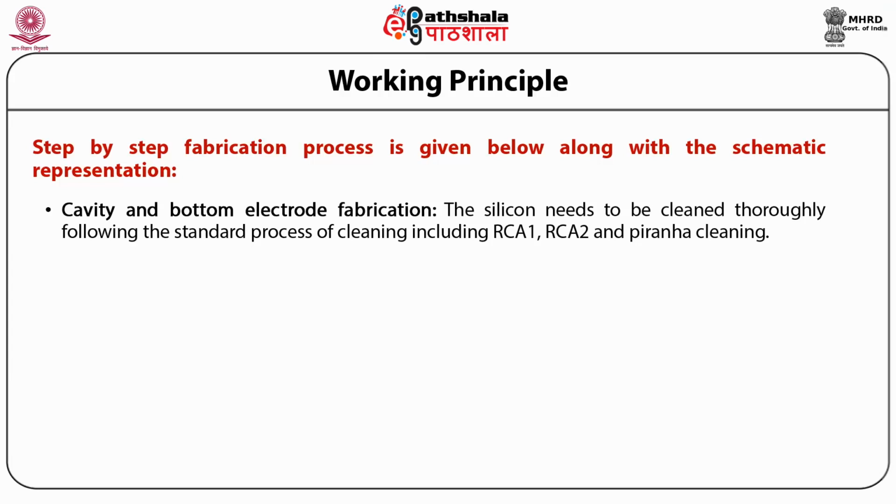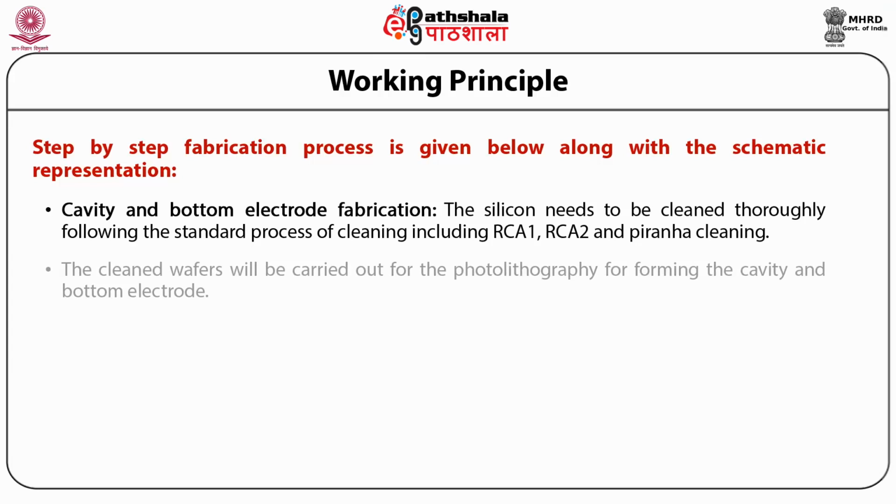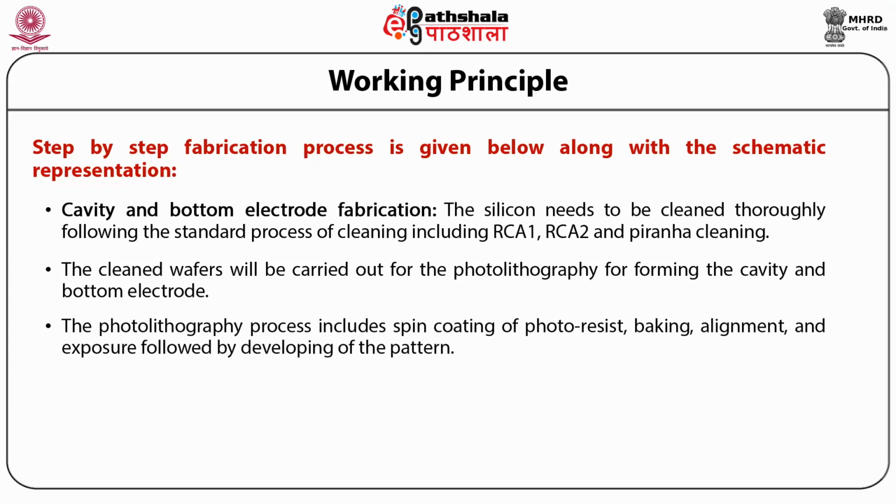This cleaning should be carried out before the processing of the wafers. The cleaned wafers will then go through photolithography for forming the cavity and bottom electrode. The photolithography includes spin coating of photoresist, baking, alignment and exposure, followed by development of the pattern.